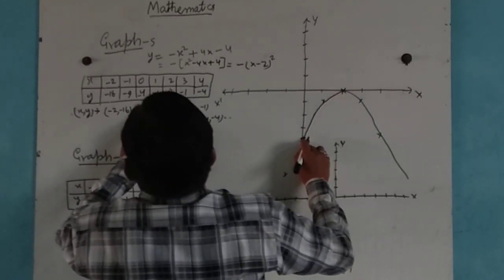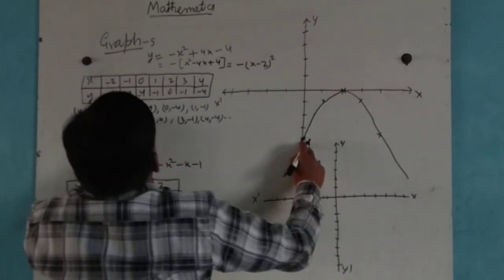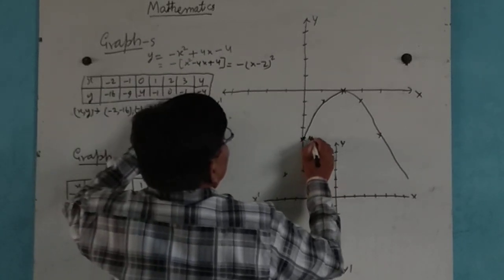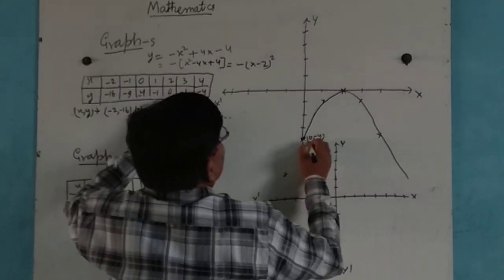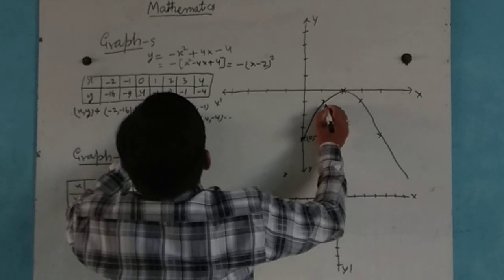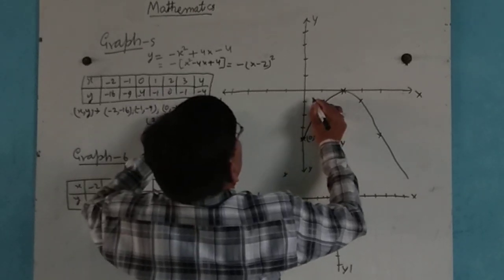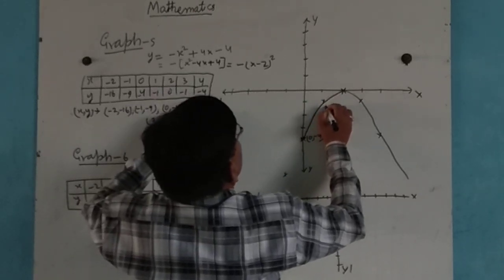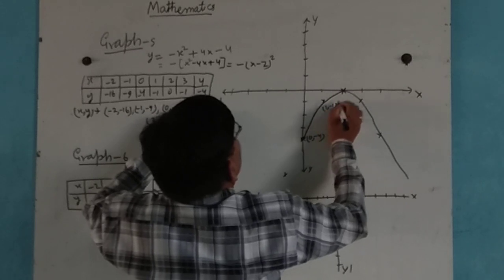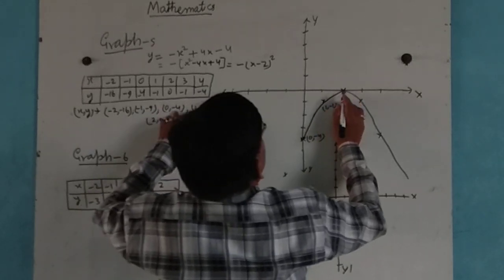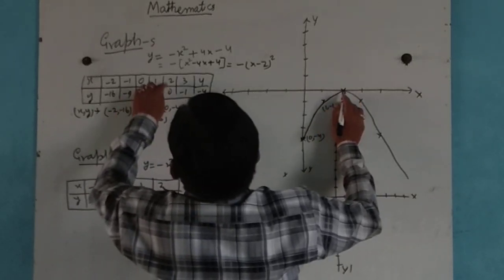This point is 0, minus 4. This point is 1, minus 1. This point is 2, 0.